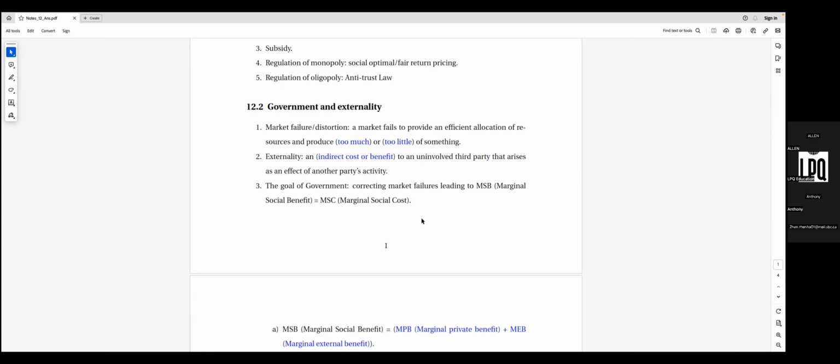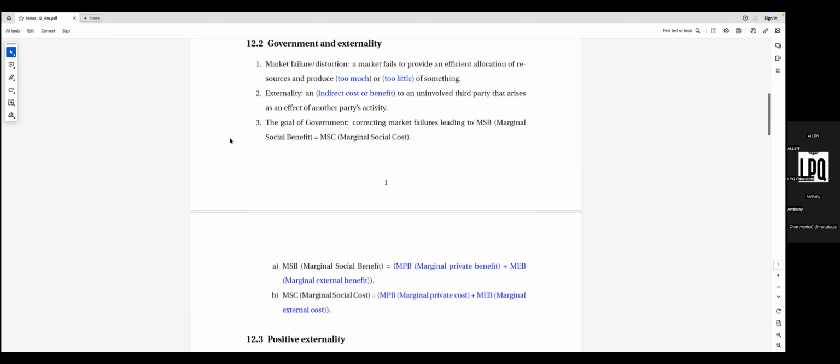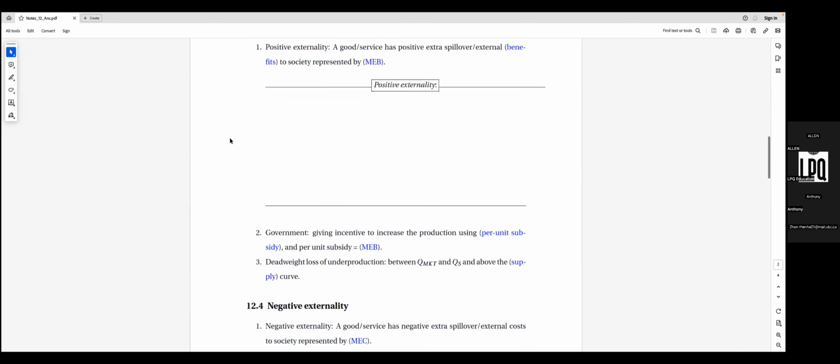Let's make a conclusion here. Increase the quantity of those good things that can be traded in our market system, and reduce those bad things, just like cigarettes, that can be traded in the market. Let's turn to the next page.